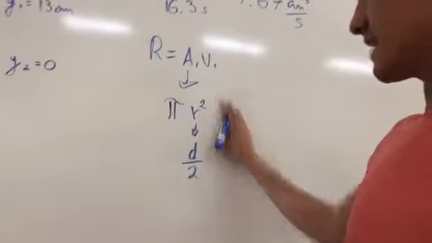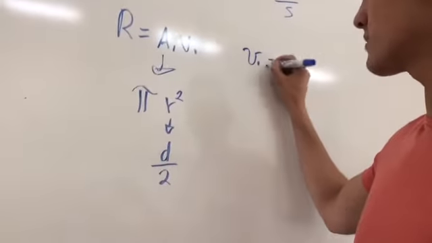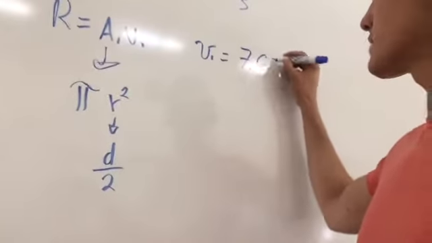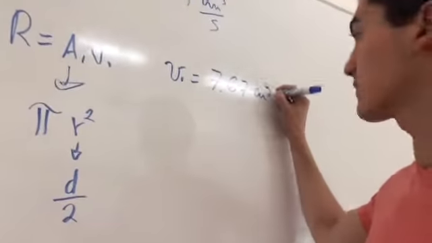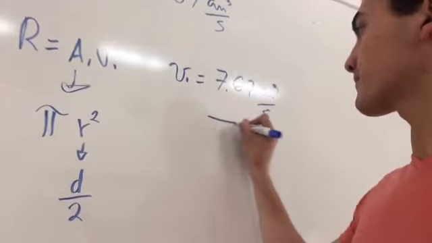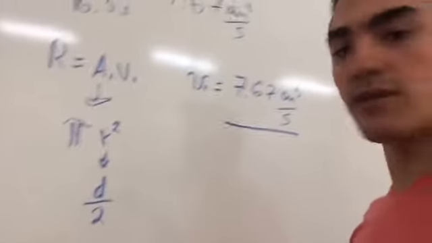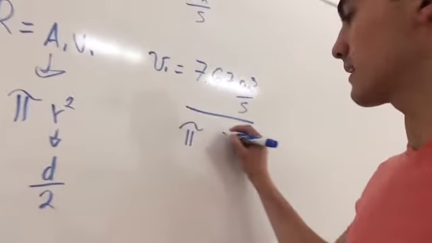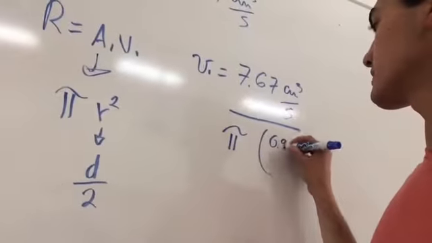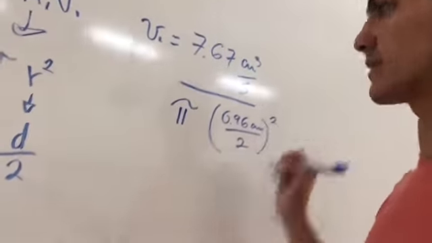And once we have the area of the circle, we can get that the velocity 1 would be equal to the rate of flow, that is 7.67 centimeter cube per second, over the area. The area is pi times the diameter, 0.96 centimeters over 2, and this squared.